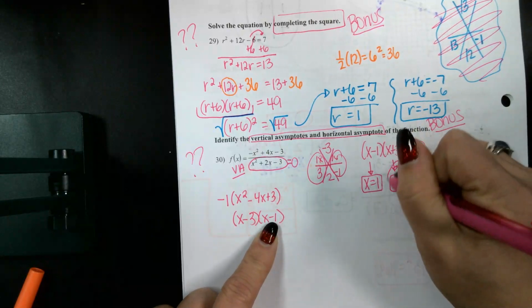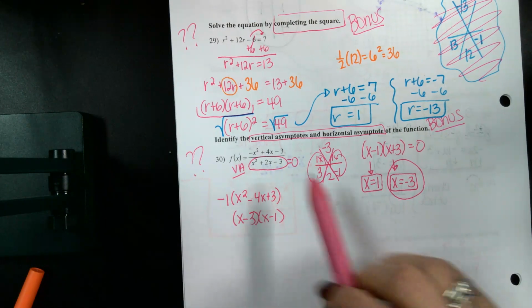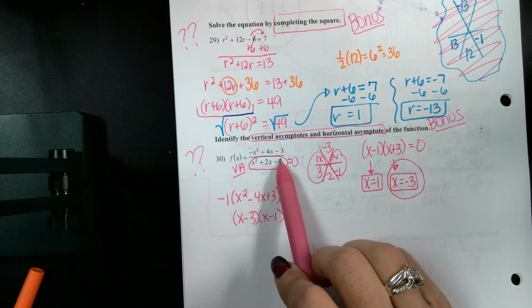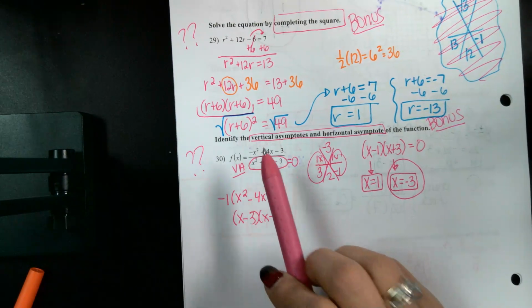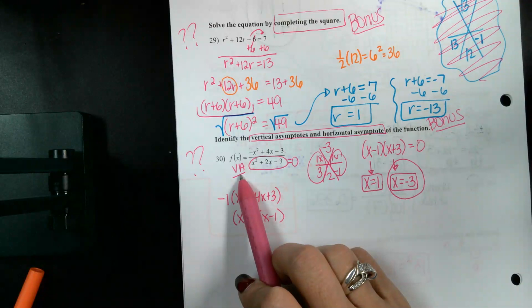So this one really should have only had one vertical asymptote. Most of them won't work out that way, so let's just say for now there's only one on your final. Whatever expression is on the bottom, set it equal to 0 and solve, and that is your vertical asymptote, okay?